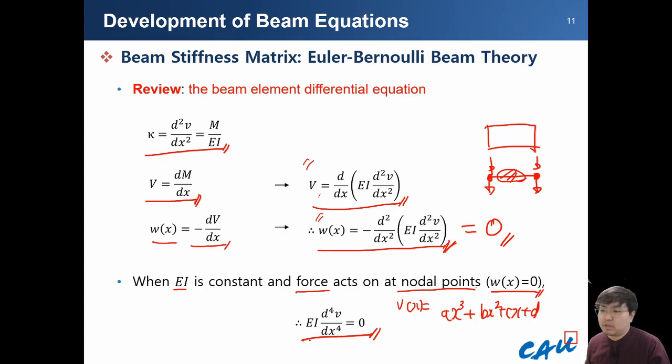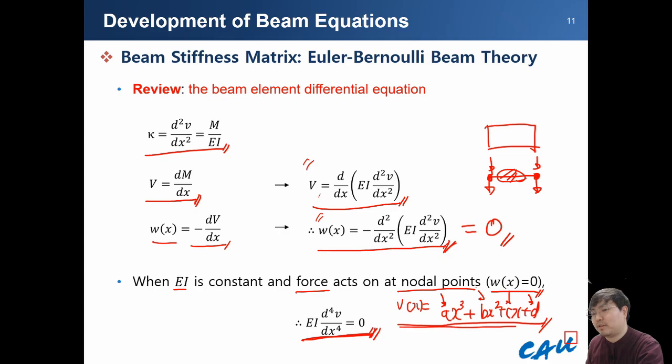I think obtaining the solution is easy. We just integrate four times, and then we obtain four unknown integration constants, so we need at least four boundary conditions to obtain the solution. To obtain the solution of the transverse displacement, we should know at least four coefficients.